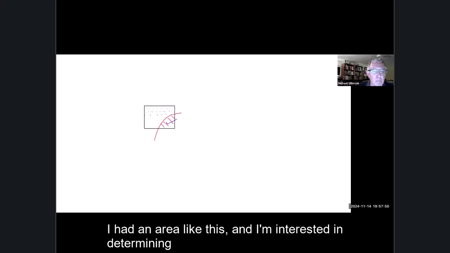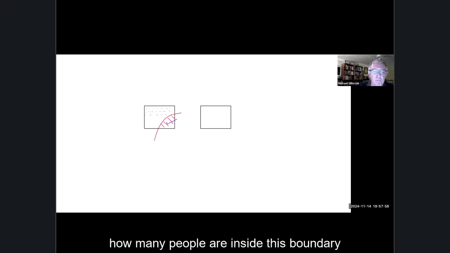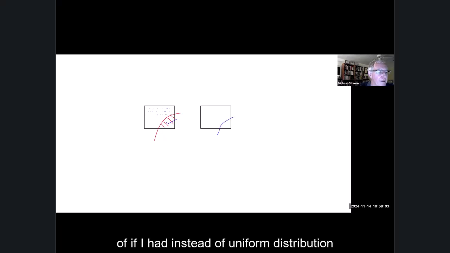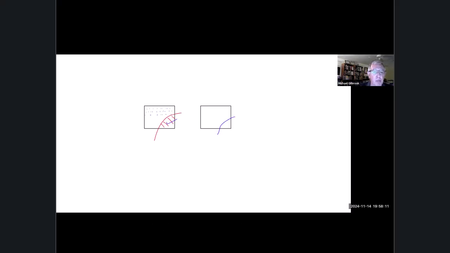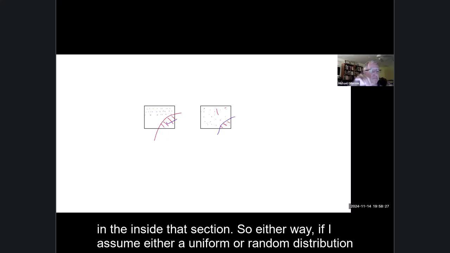If I had an area like this, and I'm interested in determining how many people are inside this boundary, and instead of a uniform distribution I had a random distribution of people, the number of people in this area would be proportional to the area inside that section.